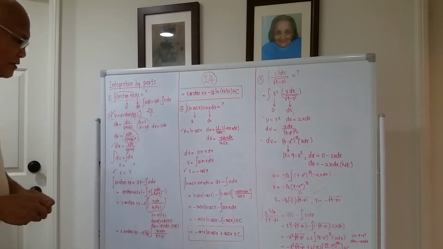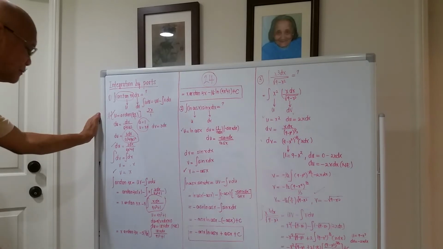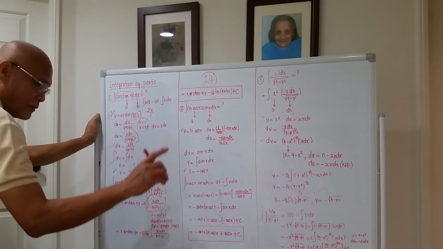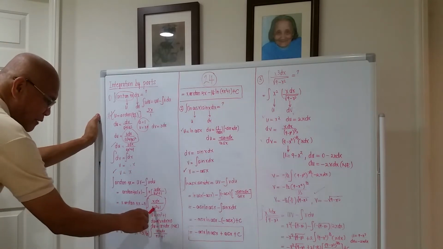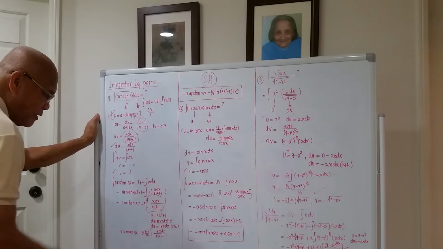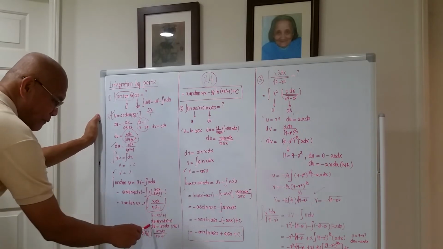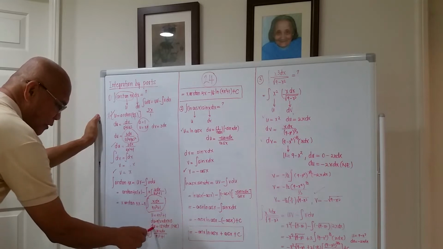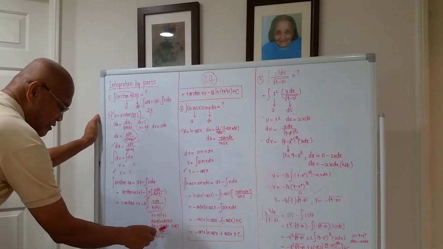And I think this is under natural logarithm. If this is to be integrable under natural logarithm, the value of u is the one on the denominator. u is 9x squared plus 1, right? du will be 9 times 2x dx plus 0, or du is 18x dx.